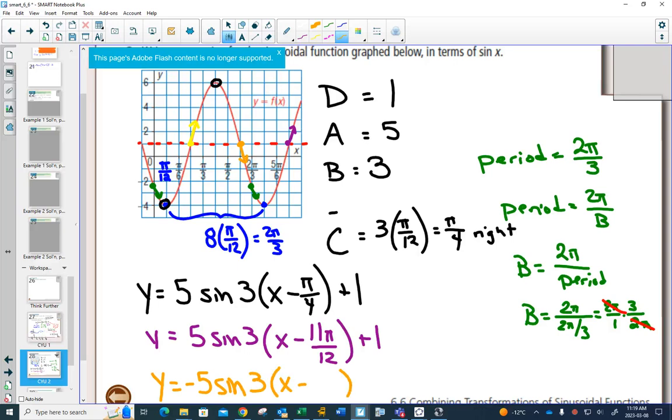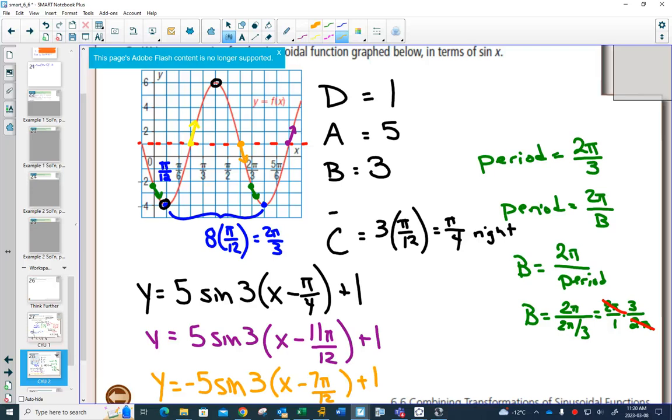But now I've shifted 1, 2, 3, 4, 5, 6, 7 pi over 12 to the right. That's another equation. So when it asks for an equation, you have multiple options. But the d, the a, and the b values will always stay the same. The a value is sometimes positive, sometimes negative, depending on what you choose.